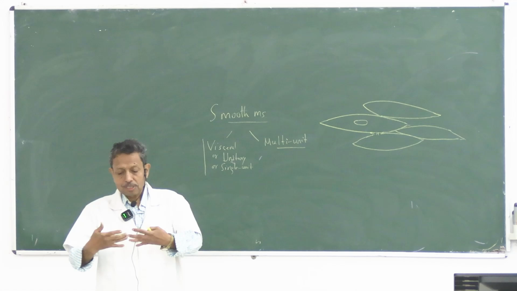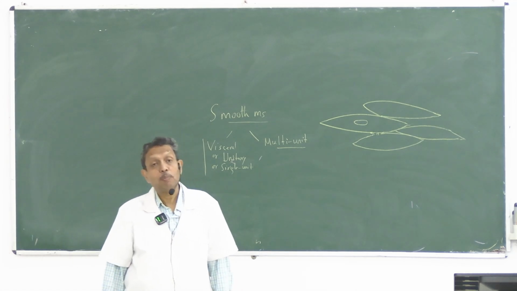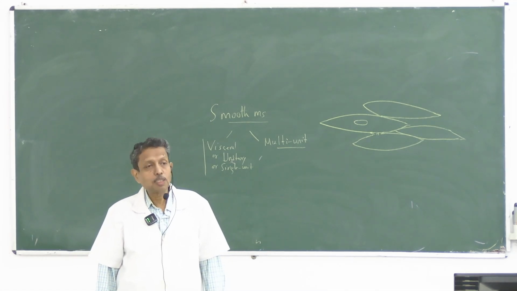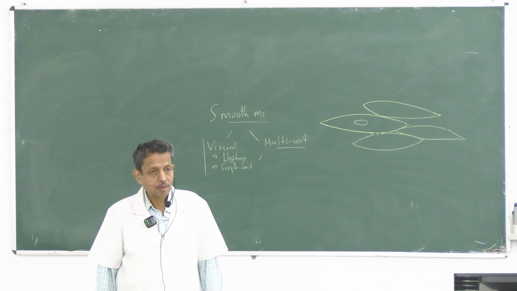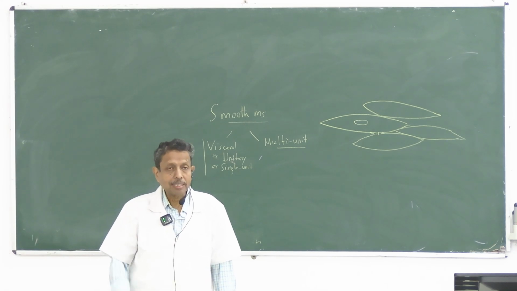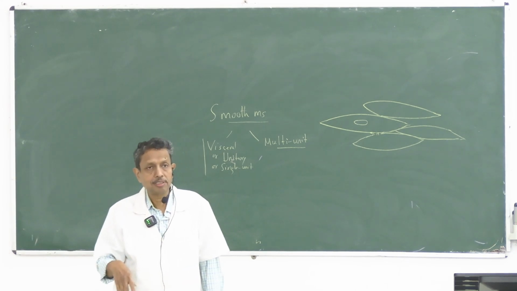Sliding between the actin and myosin filaments is responsible for the contraction, but there are no striations in that sense.